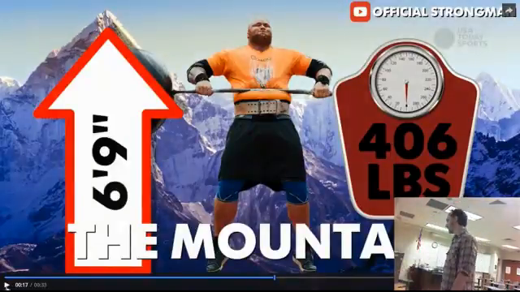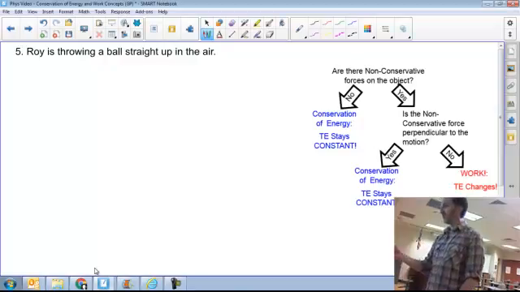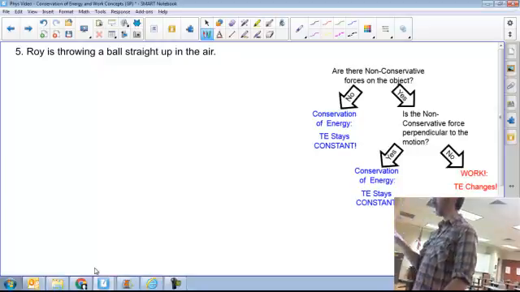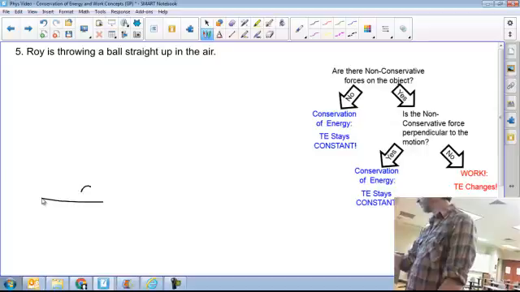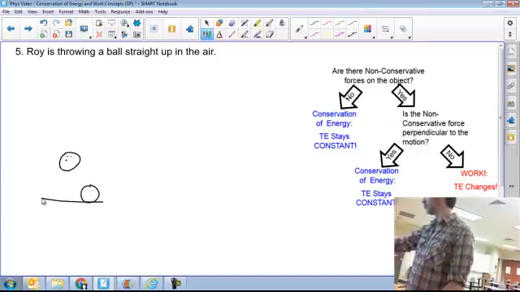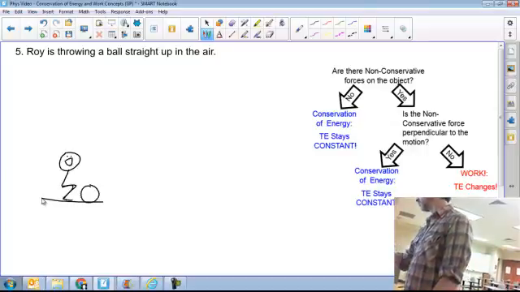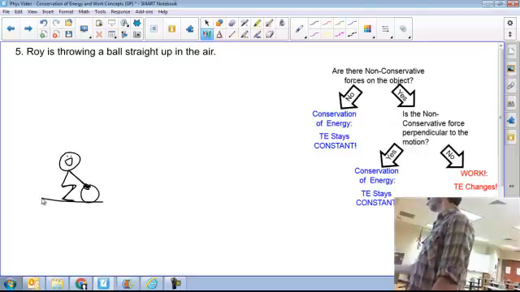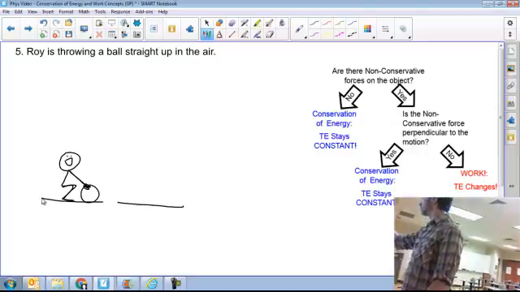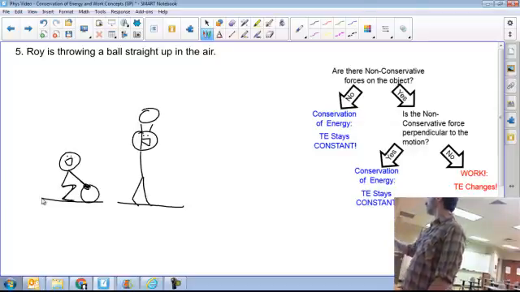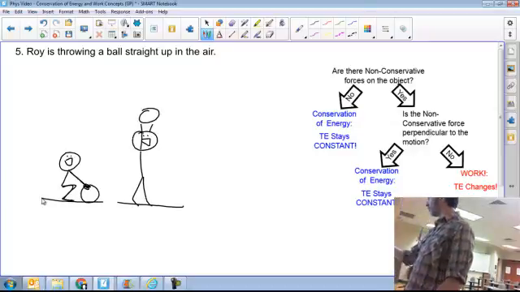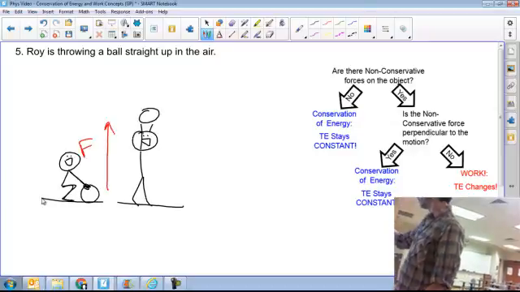All right, so let's talk about what we just saw there. Here's the deal. There are two distinct parts of the motion. The first part is this. The barrel's sitting on the ground, and here's our strongman. And then he's going to throw it. Hi-ya. So between here and here, there's a force from the strongman.